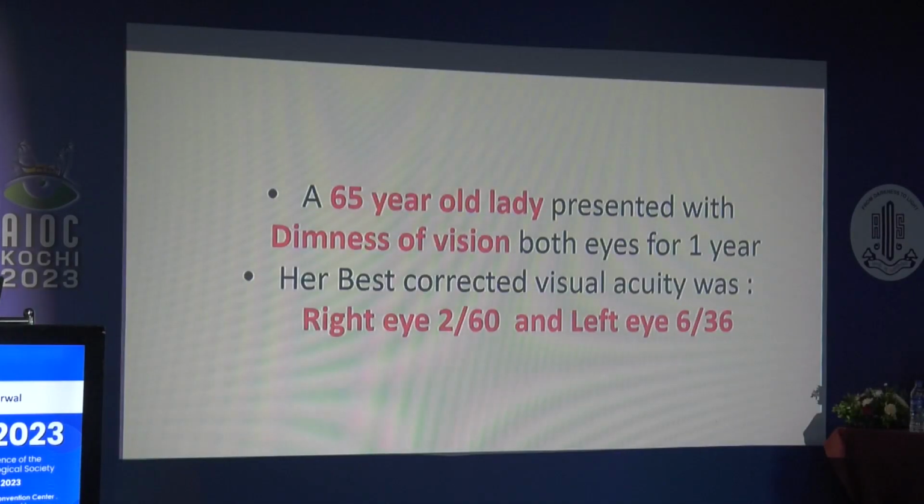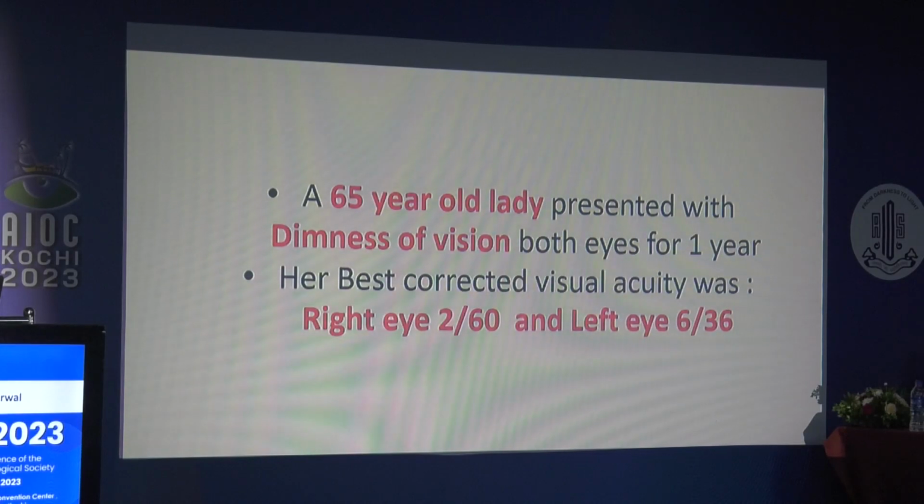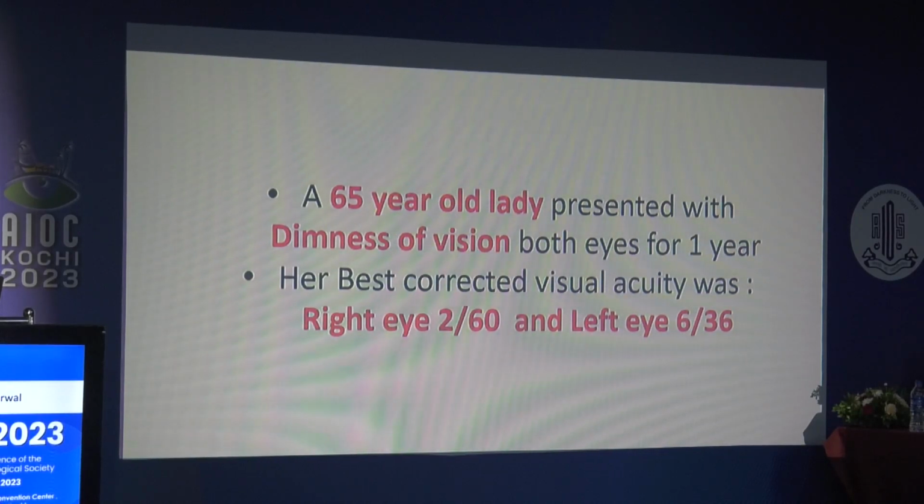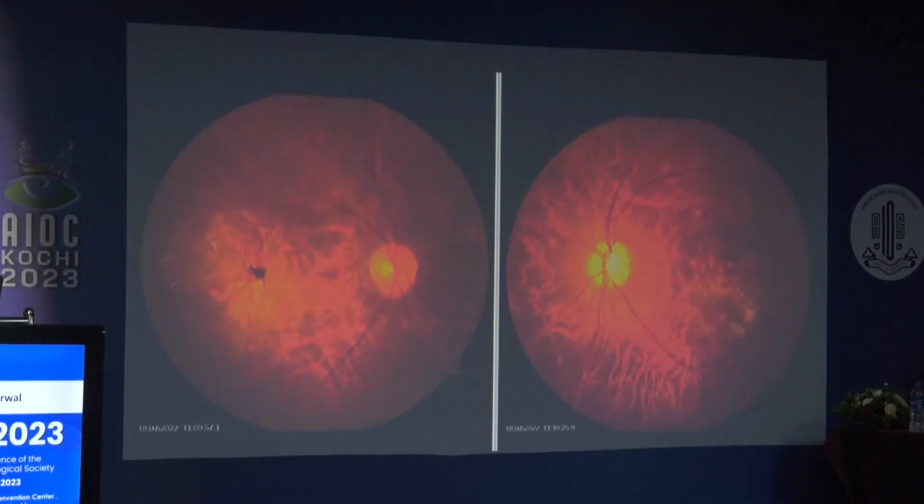A 65-year-old lady presented with dimness of vision in both eyes. Best corrected visual acuity was 2/60 in right eye and 6/36 in the left eye. Fundus of right eye shows pigmented lesion at macula, while left eye shows whitish macular lesion with exudates.